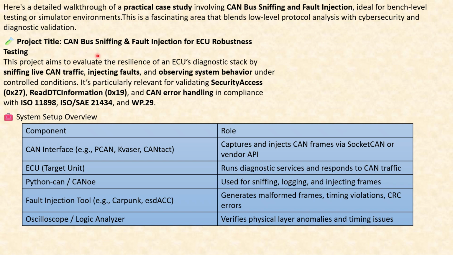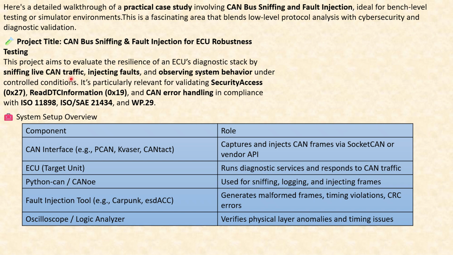Project title: CAN bus sniffing and fault injection for ECU robustness. This project aims to evaluate the resilience of an ECU's diagnostic stack by sniffing live CAN traffic. Now, sniffing is like, in local jargon, smelling.